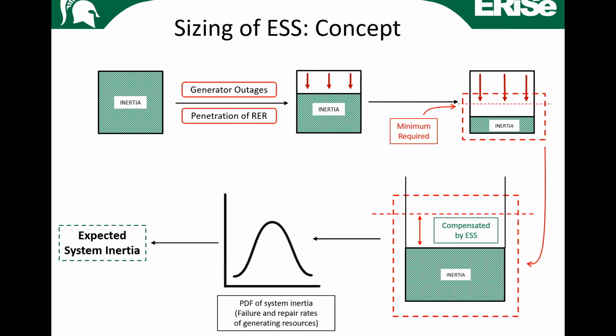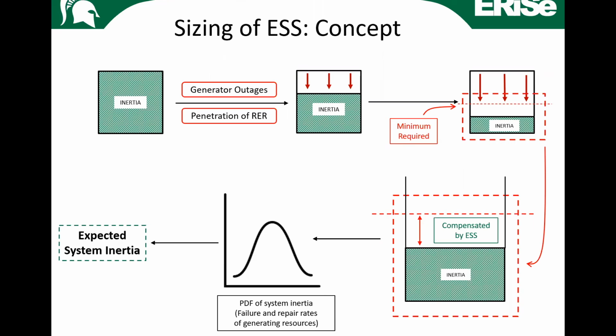So conceptually, what we attempted to do, we said, can we size storage? Can we come up with the size of the battery needed to mitigate this variability at a particular location or over the grid? Okay, so you have a certain amount of generator inertia, which you can lose either from generator failures or through generator displacement by including renewable resources. So your inertia goes down. But using the operational constraints that I mentioned, you can identify a minimum required inertia.